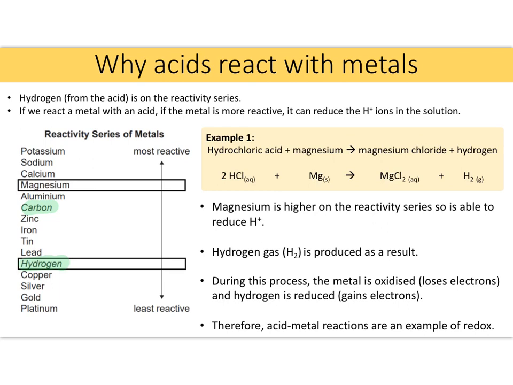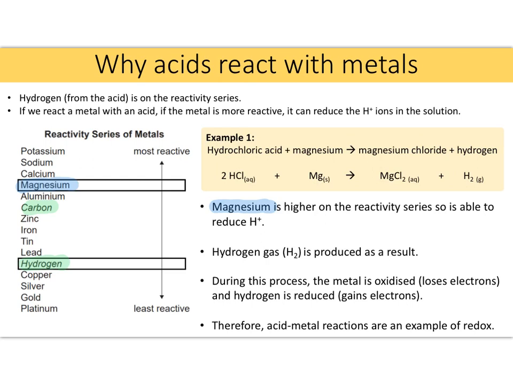But anyway, here we've got a reaction between magnesium and hydrochloric acid. Here's magnesium, and if we look on the reactivity series, there it is. The other thing that we're reacting it with is hydrogen, and the hydrogen on the reactivity series is below magnesium.